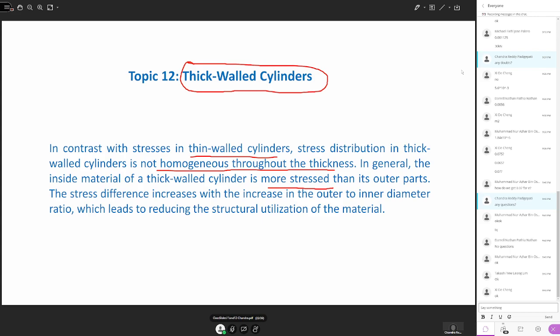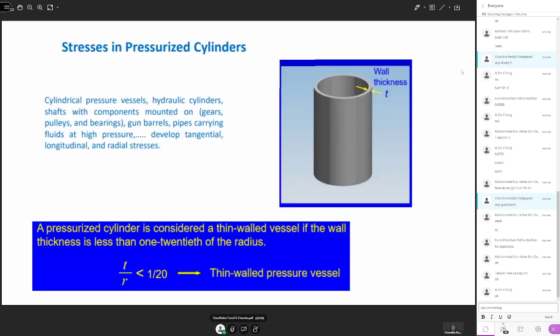The stress difference increases with the increase in the outer to inner diameter ratio. This is the definition for the thick wall cylinder.